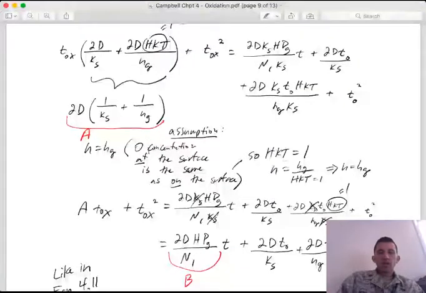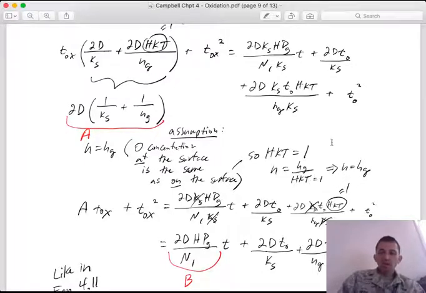To derive the finished form for the Deal-Grove model, the assumption is made that Henry's law constant times kT is equal to 1. So basically what we're saying is that h is equal to h sub g, because that's how we're defining this h, as h sub g over HkT.